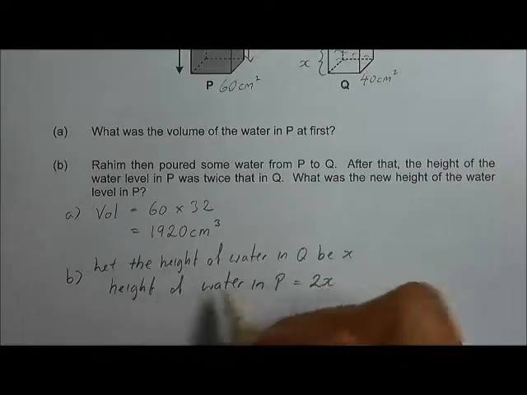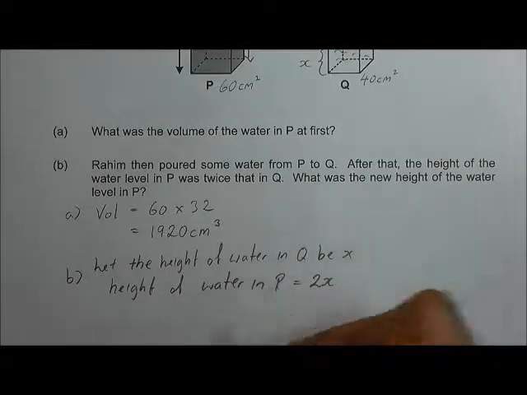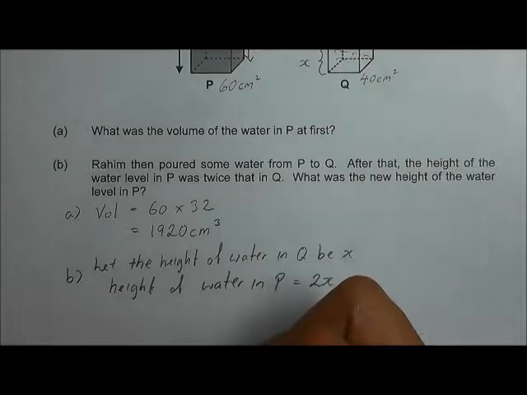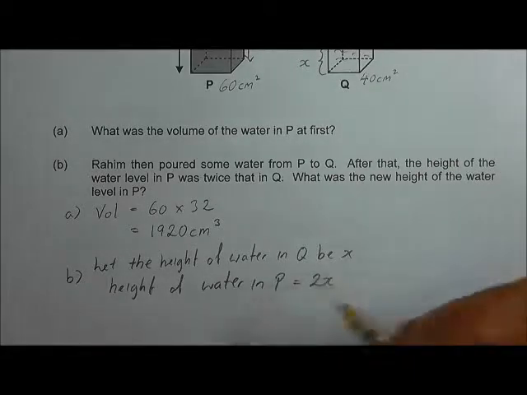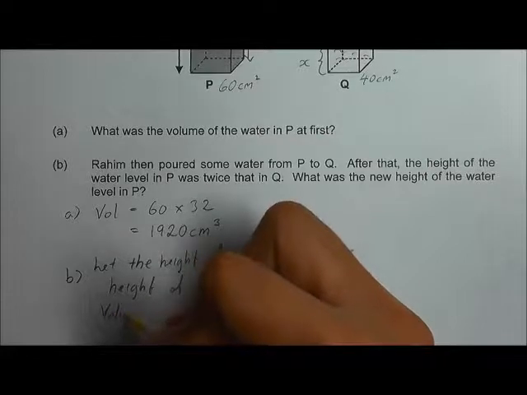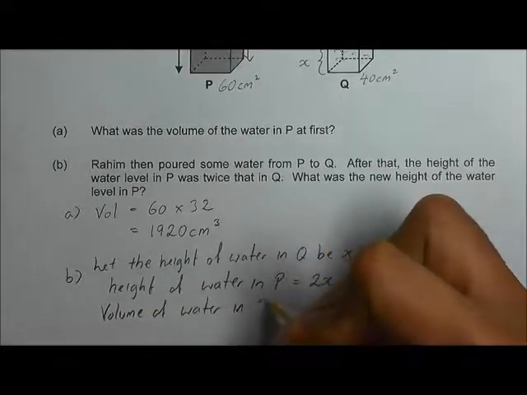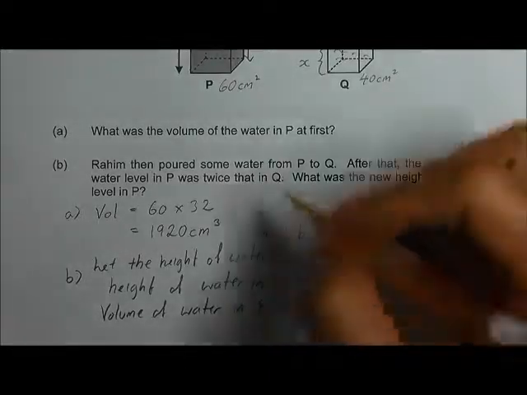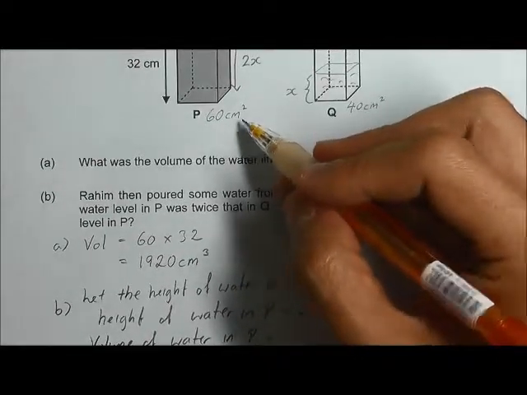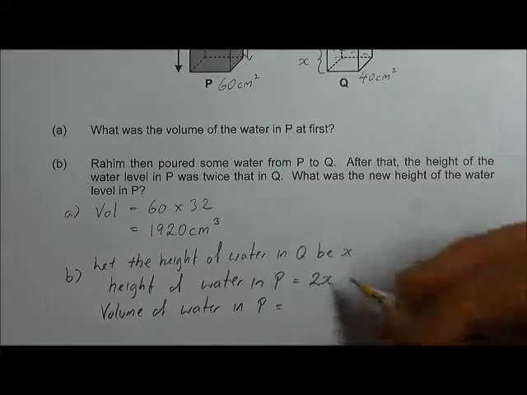If we know the new height of the water in P, we can calculate the volume of the water left in P. The volume of water in P is the base area 60 times the new height of 2x.